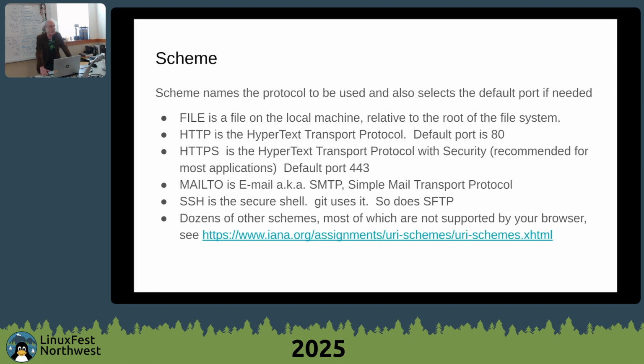HTTP and HTTPS are the schemes that people think about most frequently when they're doing web browsers. File is also something that's commonly used for referencing a file in your own system. And you frequently use that for troubleshooting or making sure that your content works properly.